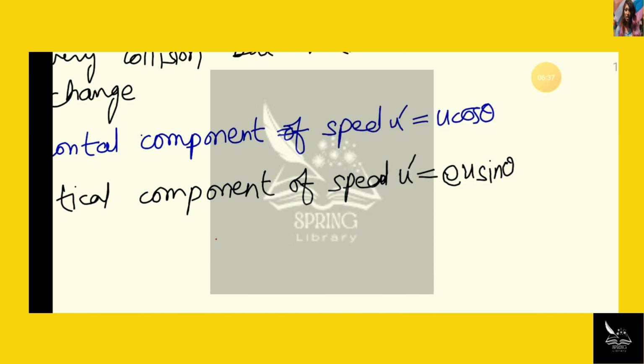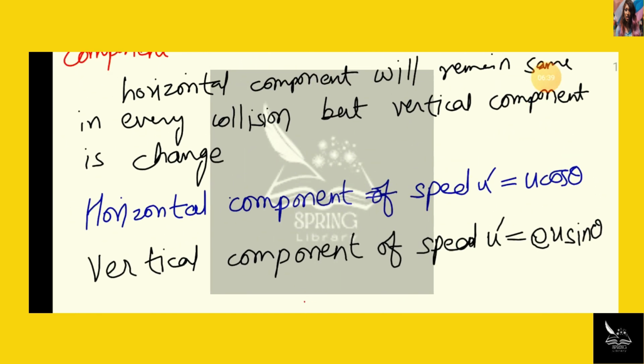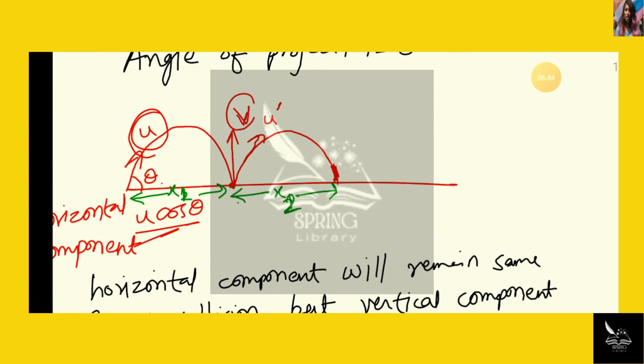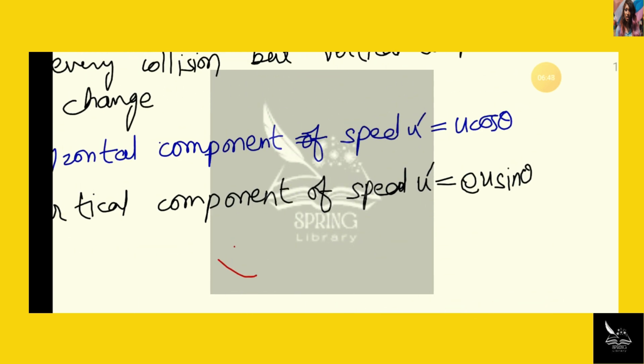After the first collision, this velocity v becomes the velocity of separation, so using the coefficient of restitution, we get the vertical component e u sin theta.